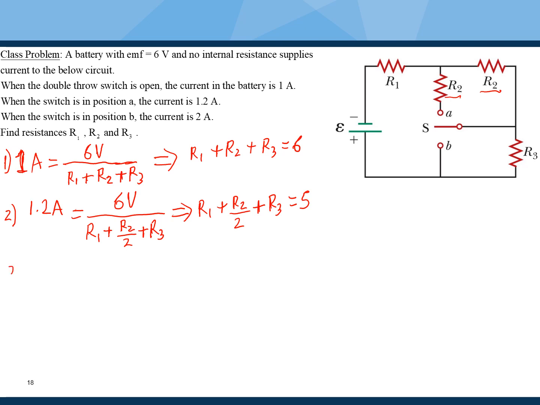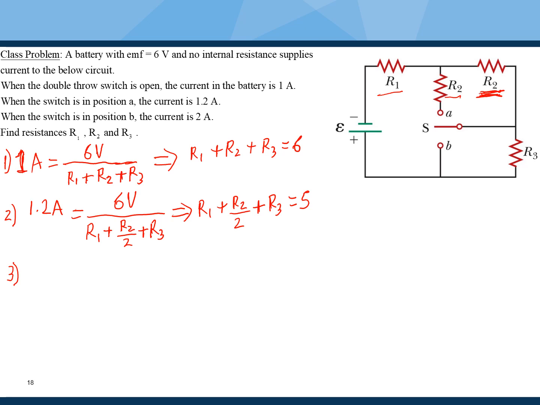In the third part, we're told that the switch is connected to the point B. In that case, the current totally bypasses the resistor R3 and prefers to take the path of least resistance, which is through the switch to the point B, and so only the resistors R1 and R2 are in the circuit and in series.